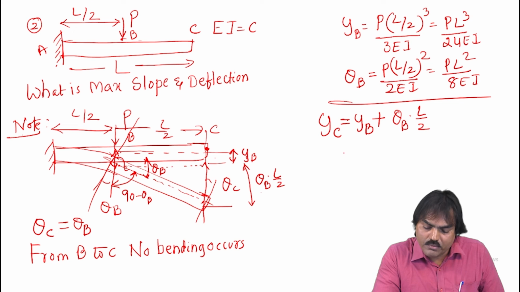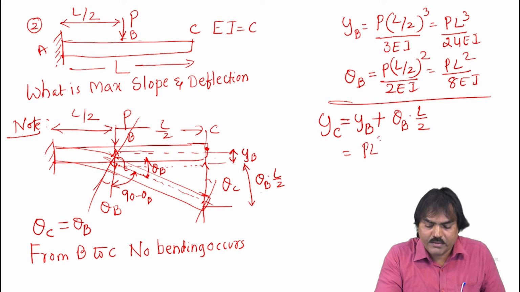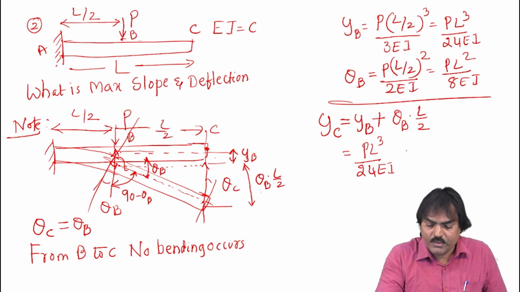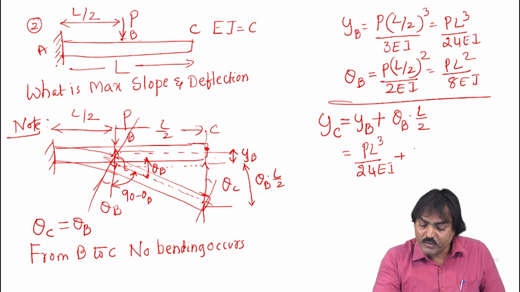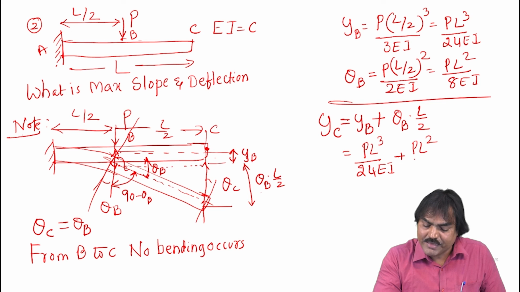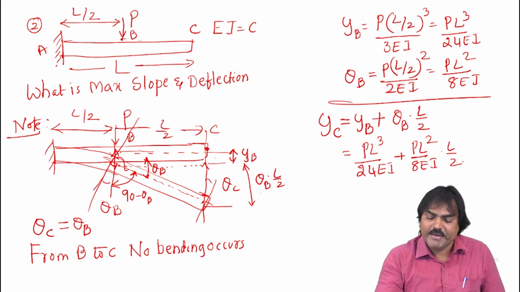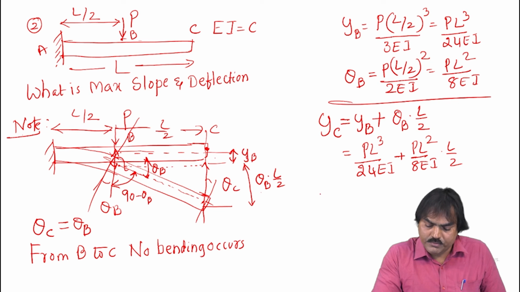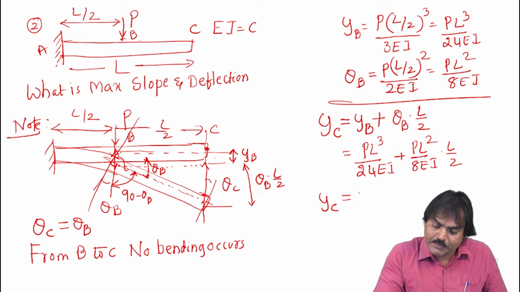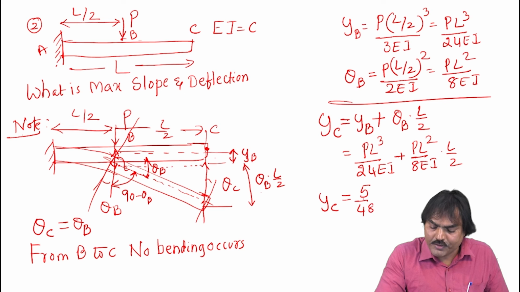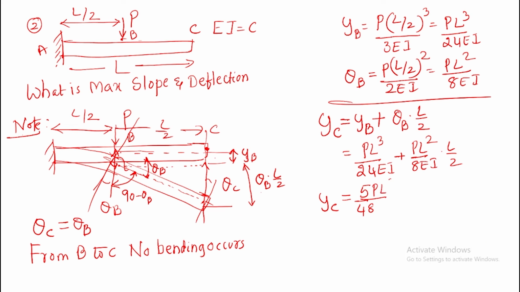So substitute the YB value, that is PL cube by 24 EI, plus theta B is PL square by 8 EI into L by 2. So YC, the deflection at C point, if you evaluate that, you will get 5 by 48 PL cube by EI. This is the answer.